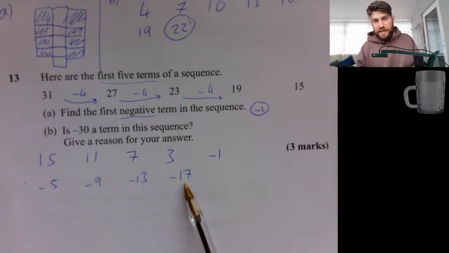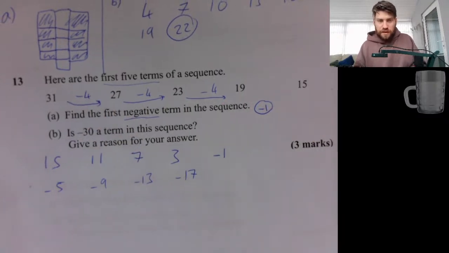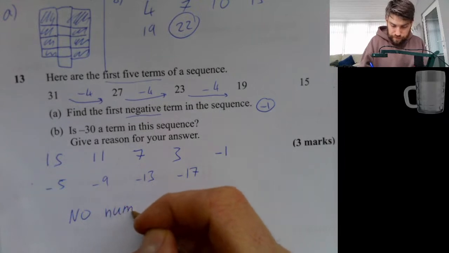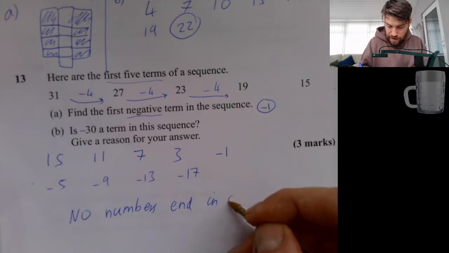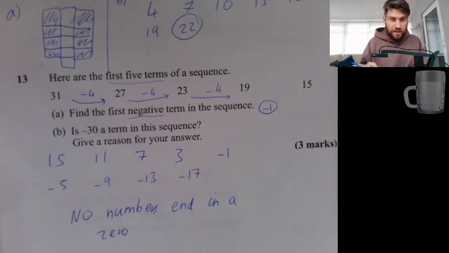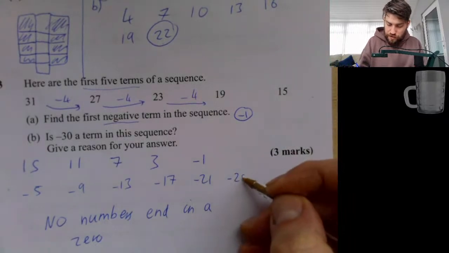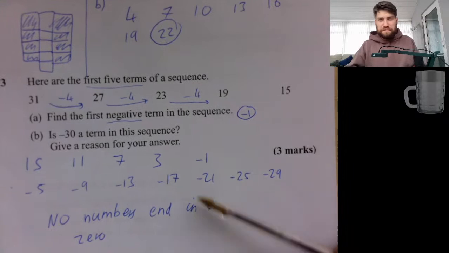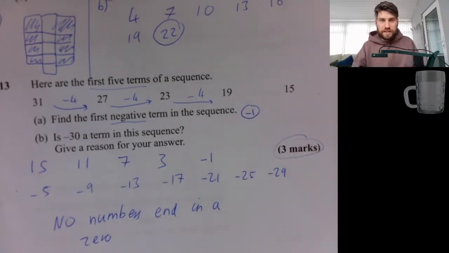If you go back, you can clearly see none of these numbers are in the 10 times table. So no numbers end in a 0. And just to be safe, you can go back and clearly show that it isn't going to be there. It goes to minus 29. Both of those will be fine to justify it. 3 marks, nice and easy. Right, let's move on.